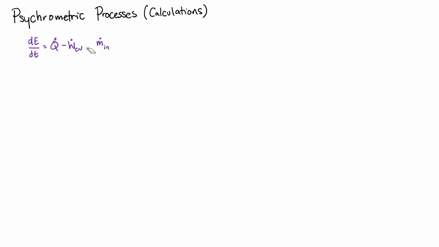Oh, that is a terrible sum sign. The sum of our mass flow rates in, times the enthalpy, plus velocity squared over 2. That's our kinetic energy portion, plus our potential energy portion. And this is all in.